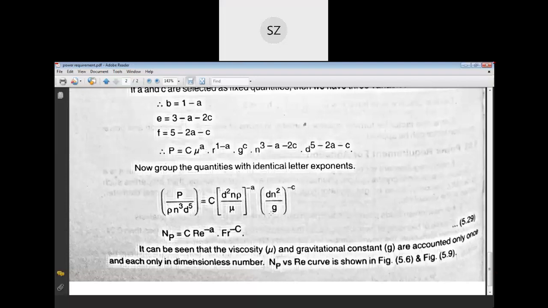So all these equations, and collecting the P terms, P and the constants, this rho raised to 1, then n raised to 3 and d raised to 5. So all the different terms which have the constants are collected in one.